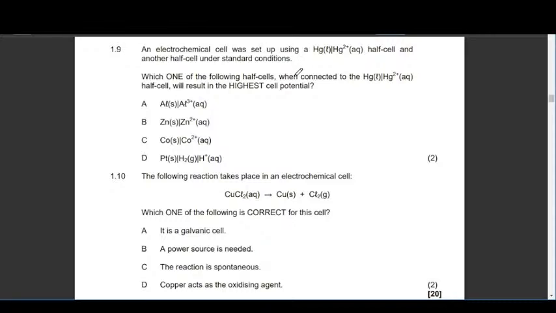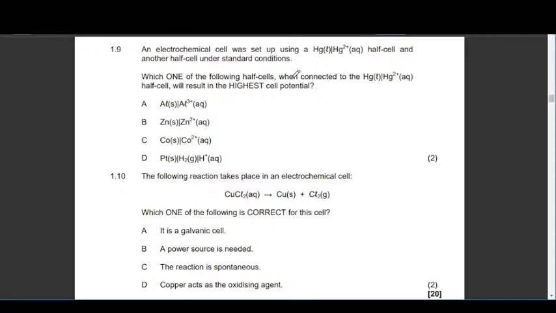Don't forget that when you talk about the standard conditions, you must talk about 1 atmosphere. You must talk about 25 degrees C. Yes, and then you must talk about 1 mole per decimeter cubed, or 1 molar. So that's what they are saying.